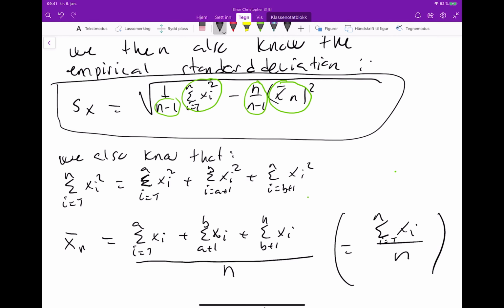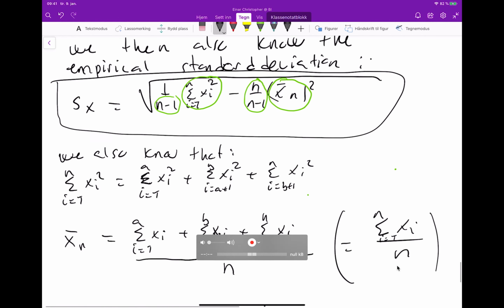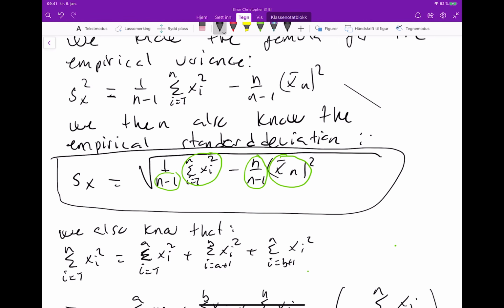We just split the sum of the x i's in 3 parts. And since this is correct, we can compute this one. And therefore we have the x bar n.